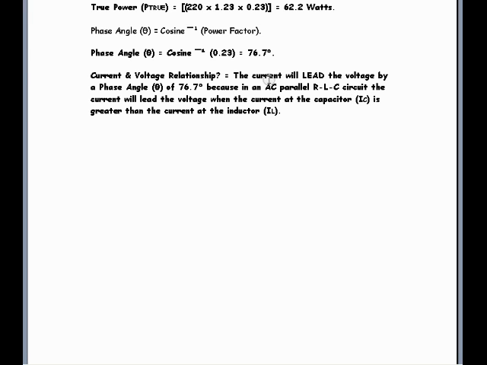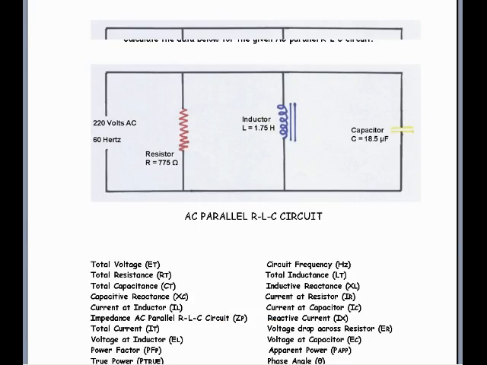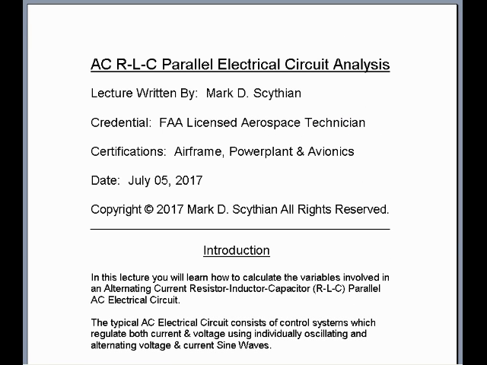This is applicable to an AC parallel RLC circuit, because we're dealing with constant voltage, so we have to focus on the current difference. So that's how you answer one of the most important questions, calculating it mathematically and algebraically longhand here. So that completes this lecture.